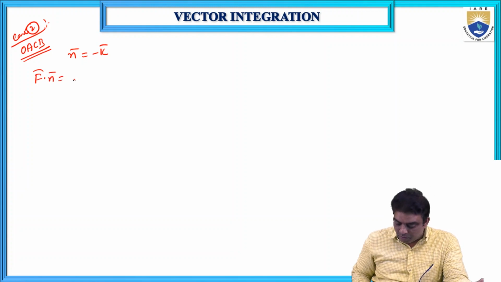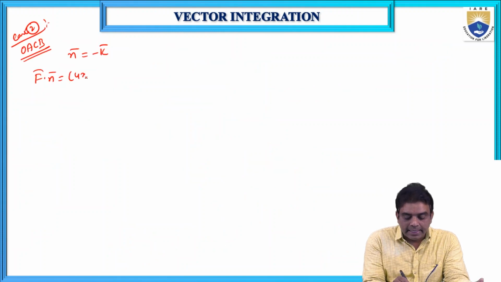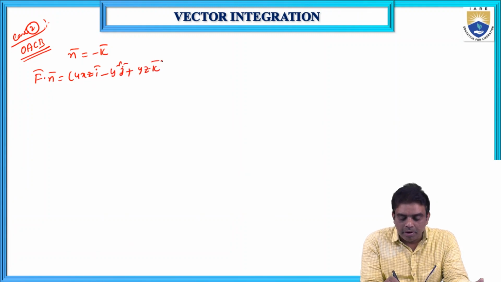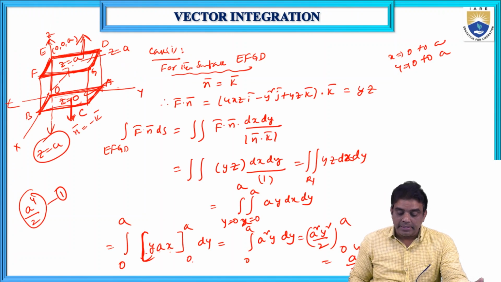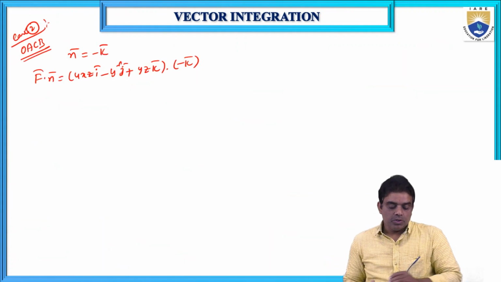The outward normal vector n bar is equal to minus k bar, and f bar dot n bar, what will you get? f bar is, as in the previous case, 4xz i bar minus y square j bar plus yz k bar, dot product with n bar, which is minus k bar. So what will be the value?